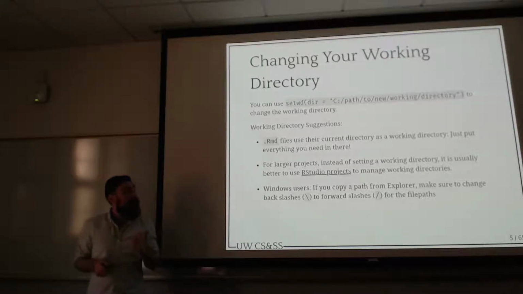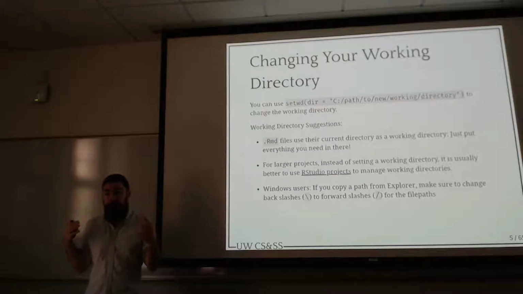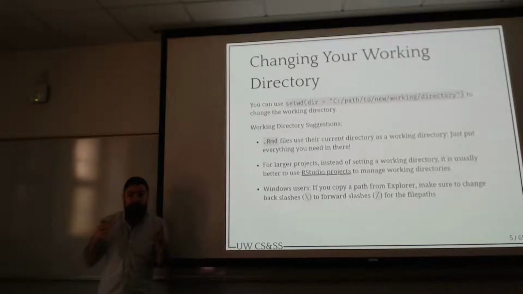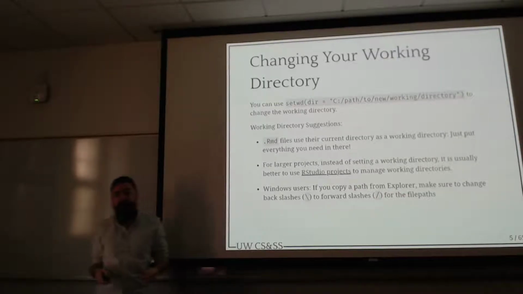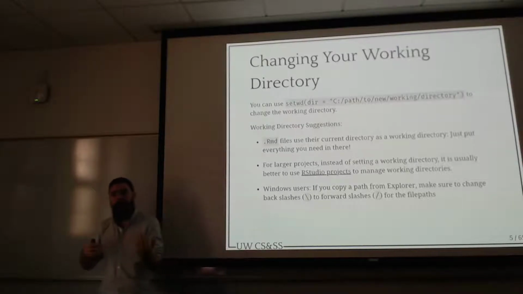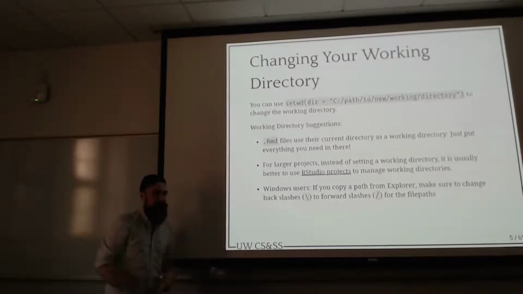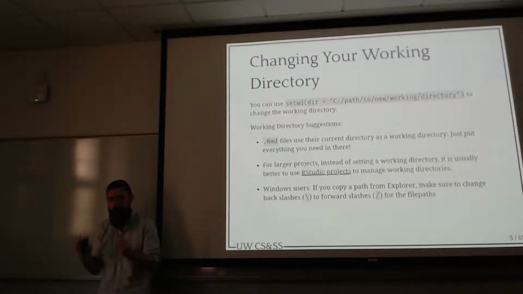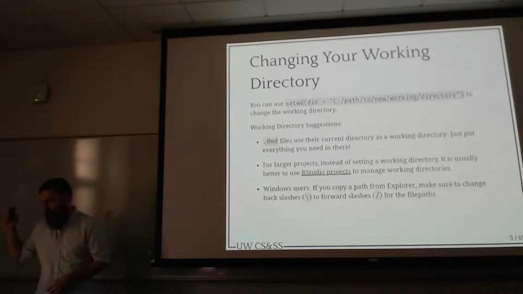R works by default in sort of a pseudo Linux or Unix environment for the way it handles things, which is always going to be forward slashes. Mac OS is Unix under the hood, so it's all forward slashes. Even the operating systems on all your phones are forward slash operating systems. Windows is the last holdout. Anyways, you'll have to fix that.